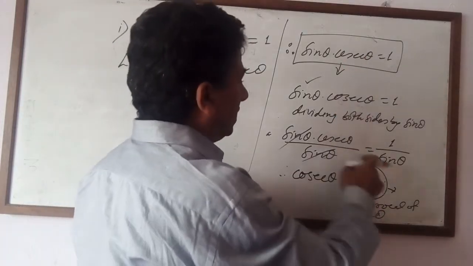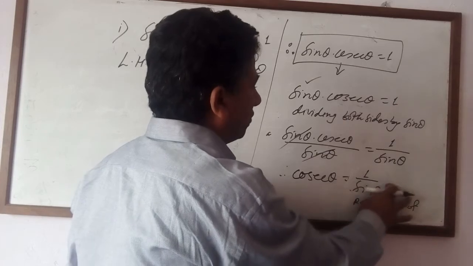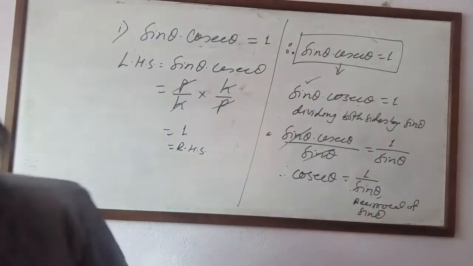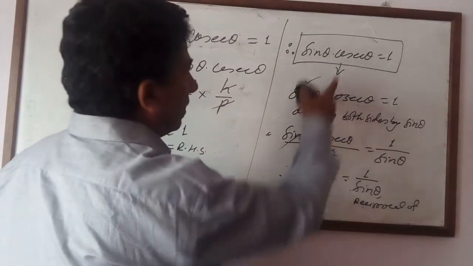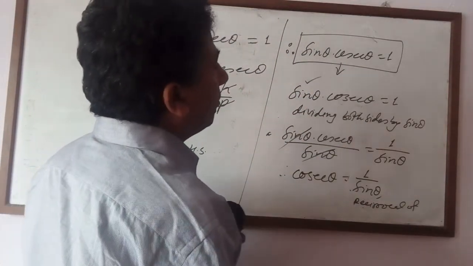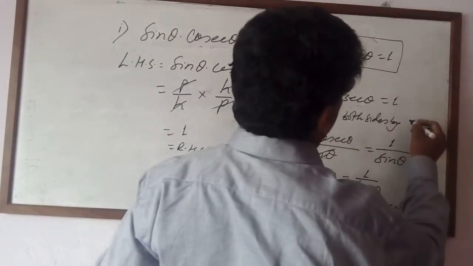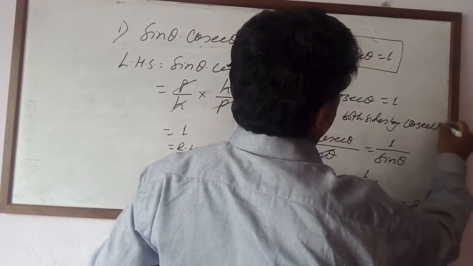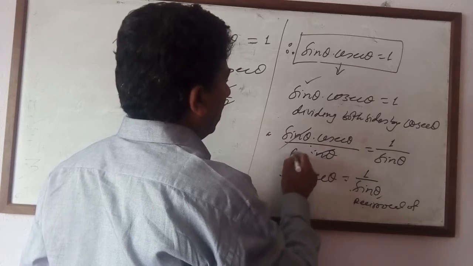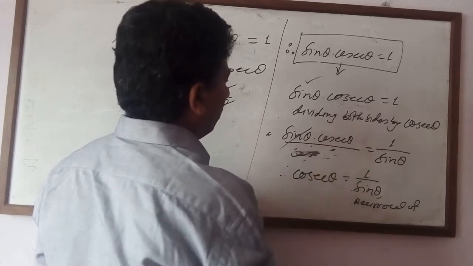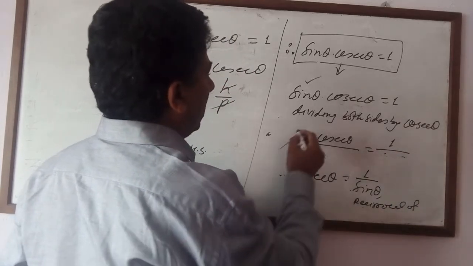Now similarly, sine theta times cosec theta equals 1. Now remove cosec theta by dividing both sides by cosec theta.